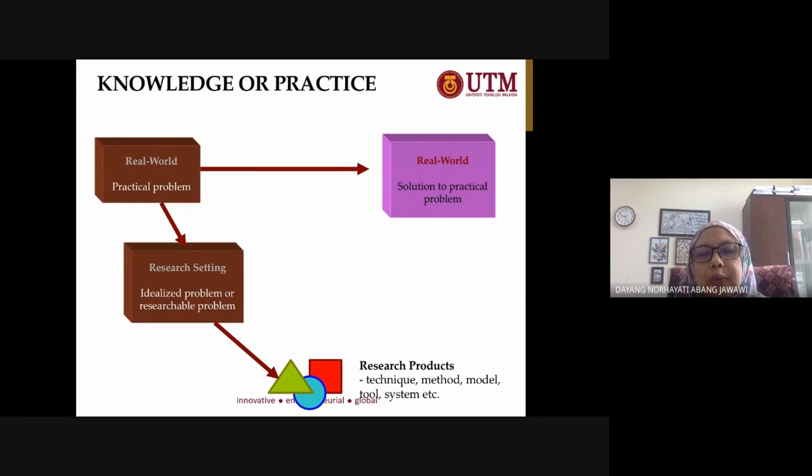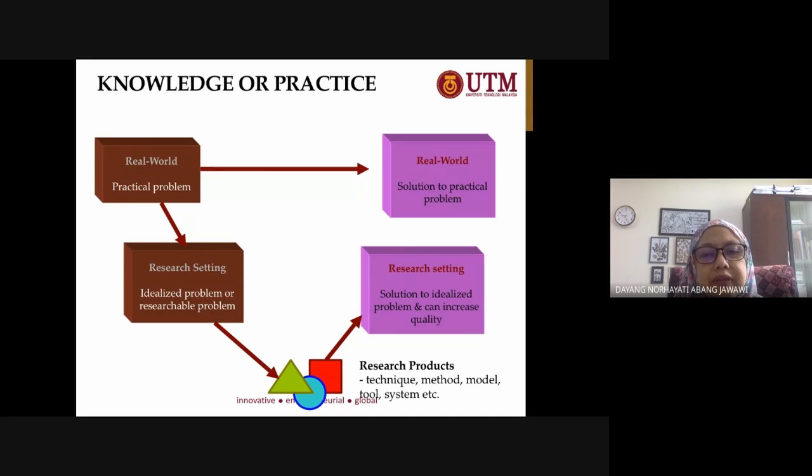And then we have the research product, okay, and we need to go through our evaluation. Once we have a solution, we will have the idealized solution, meaning that the solution cannot directly go to practical.